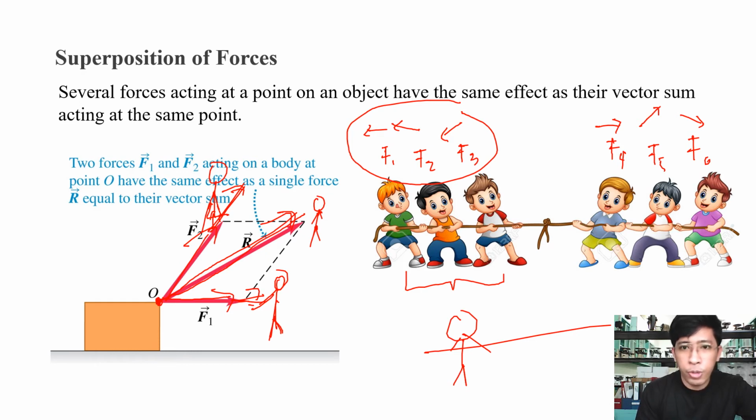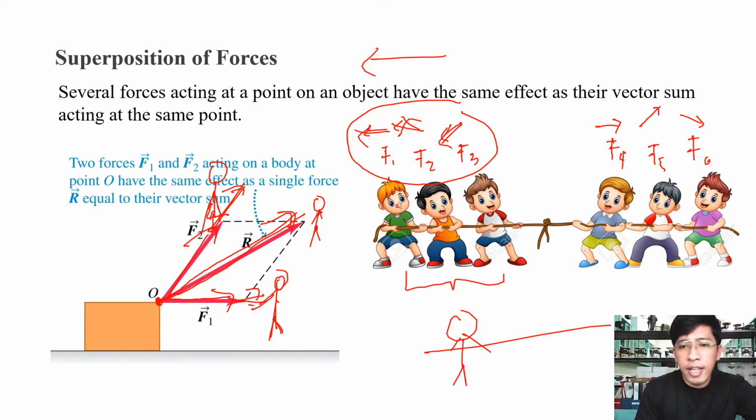So you'll win. Otherwise, if one is pulling like this, one is pulling a little downwards, one is pulling a little upwards, and one is pulling straight to the left, the sum of these forces will not be a maximum. If you played tug of war before, you know that all of you must pull in the same direction, which is here, the left.